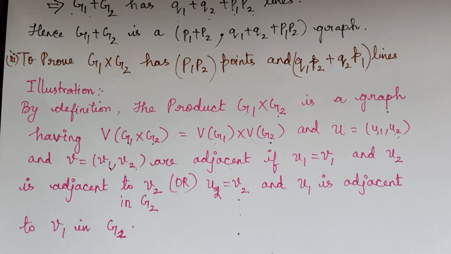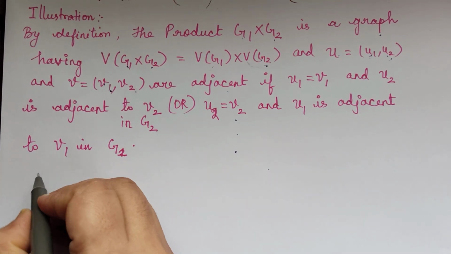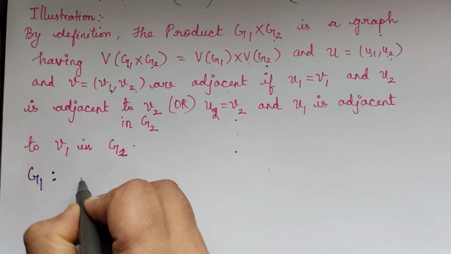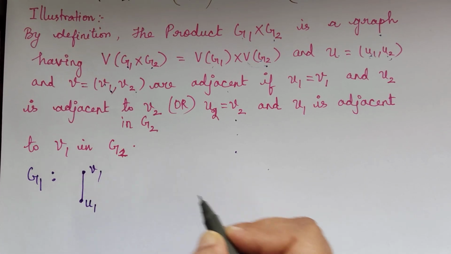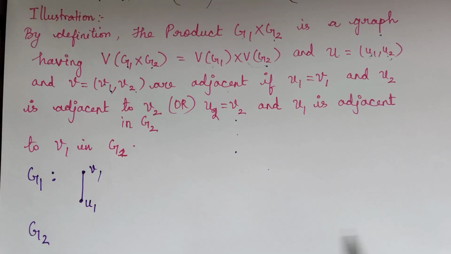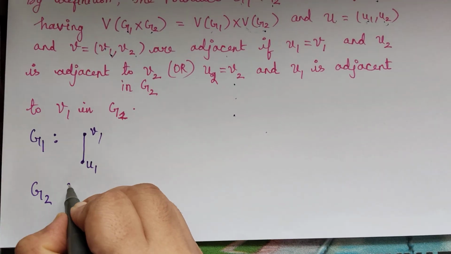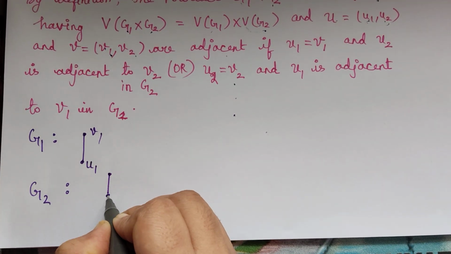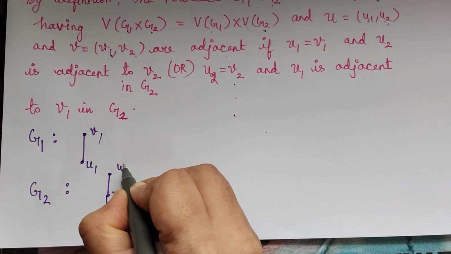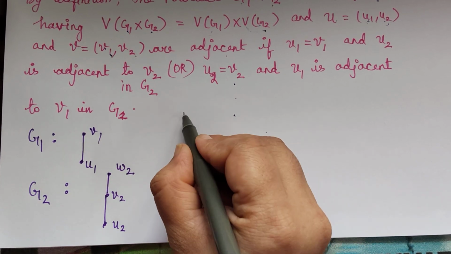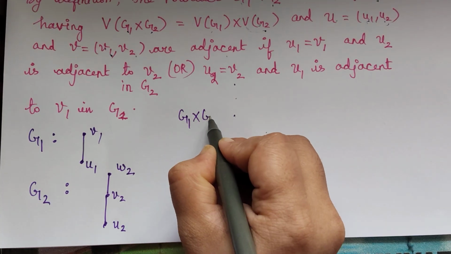We will consider the same example, that is G1, where we have the graph u1 v1, and G2. What is G2? G2 is this graph, that is u2, v2 and w2. Now we will take the product G1 product G2.